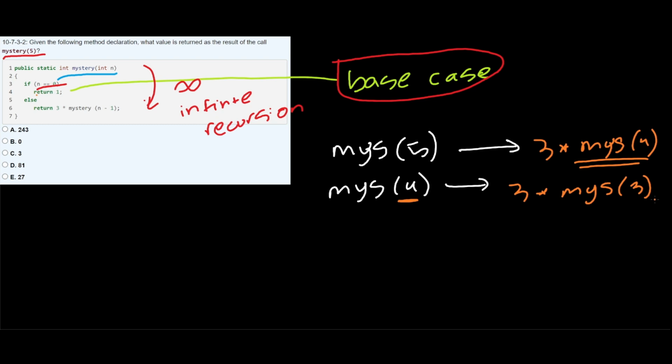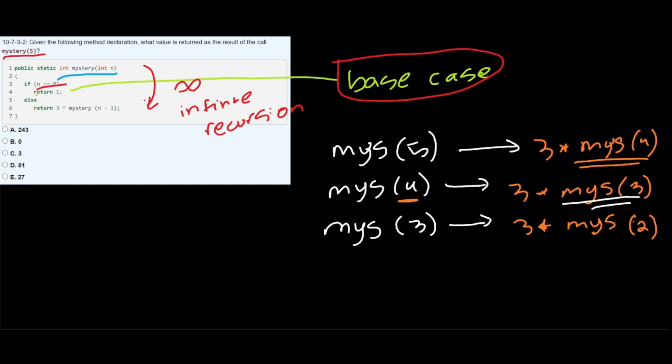Next up, mystery 3 is over here now. So mystery 3 becomes 3 times mystery of n minus 1. n minus 1 is going to be 2, because 3 minus 1 is 2.